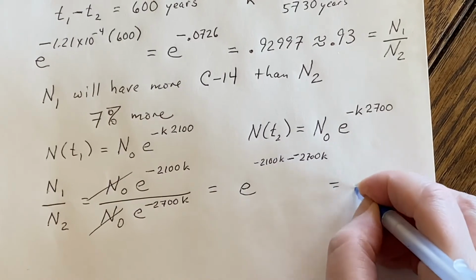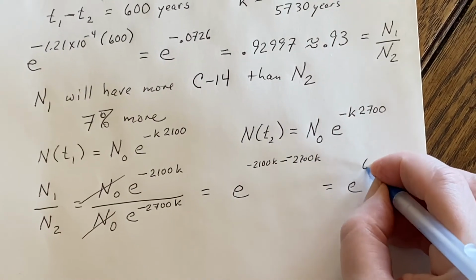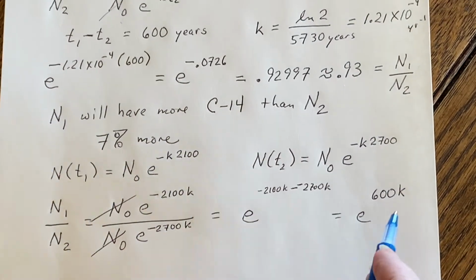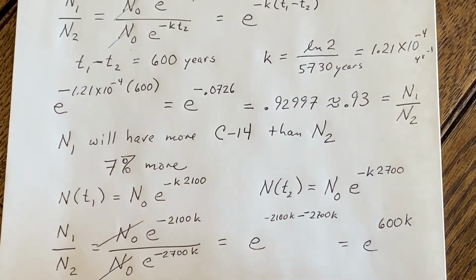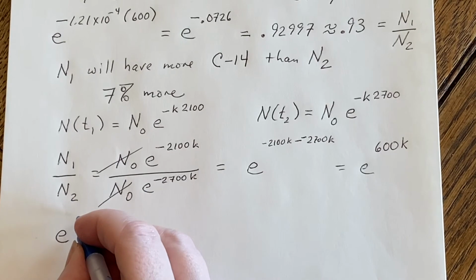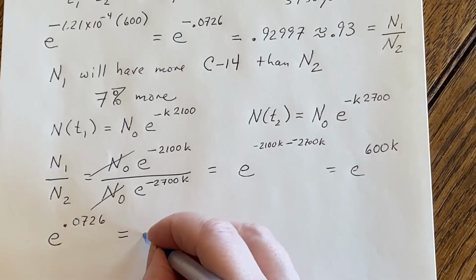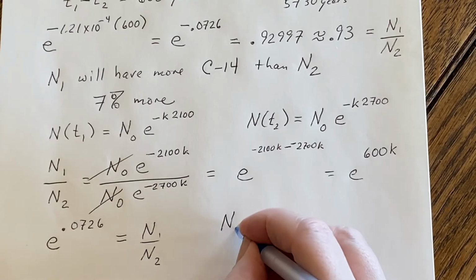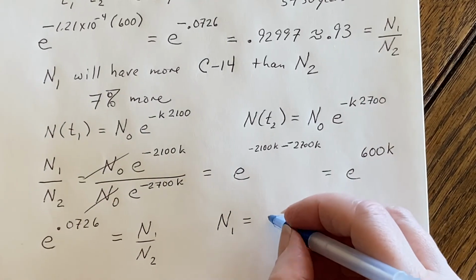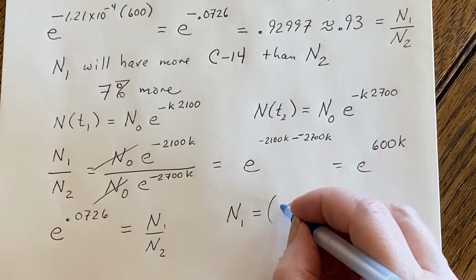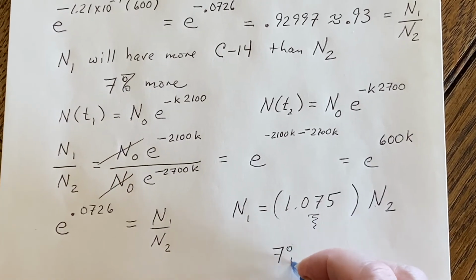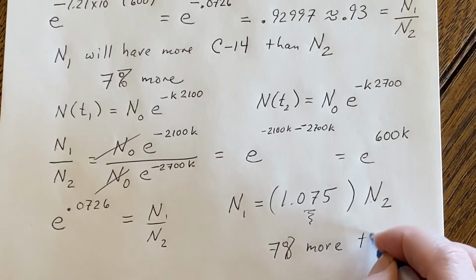And you're going to get E to the positive 600 times K, which is what we had gotten before. So E to that number is also going to be N1 over N2. So N1 will be bigger than N2, and you're going to get a slightly different number here, and that still looks like about 7% more than N2.